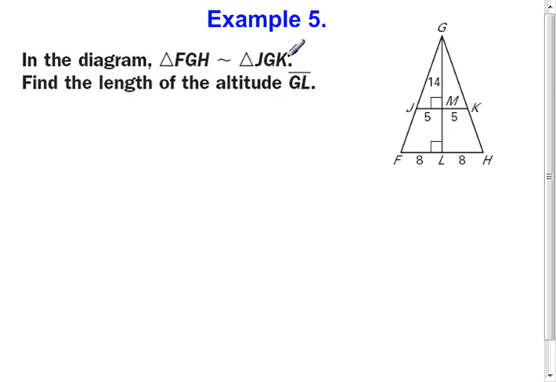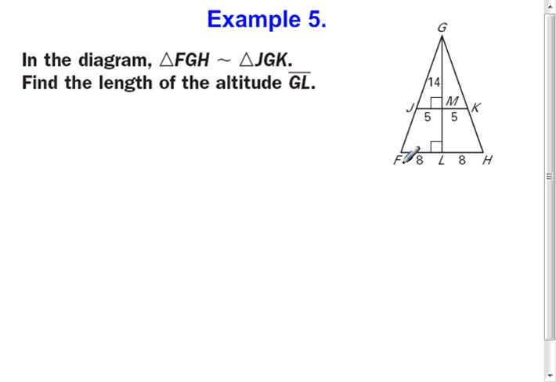Example 5. This shows us that not only are sides proportional, but also other segments such as altitudes, medians, mid-segments, all of those are going to be proportional as well. So we have FGH, the whole triangle, is similar to JGK.